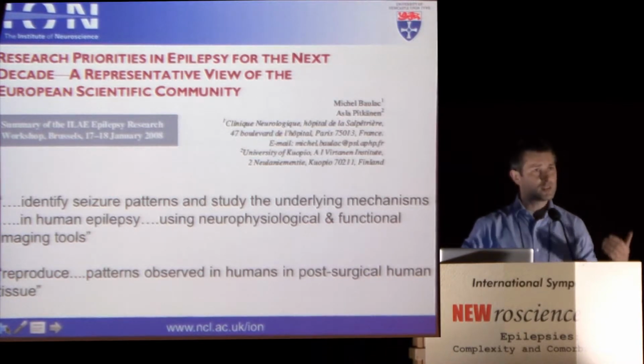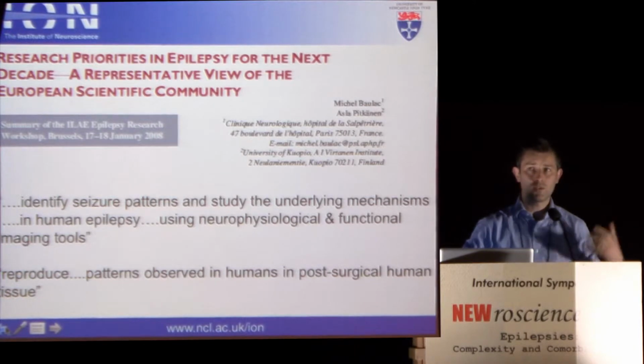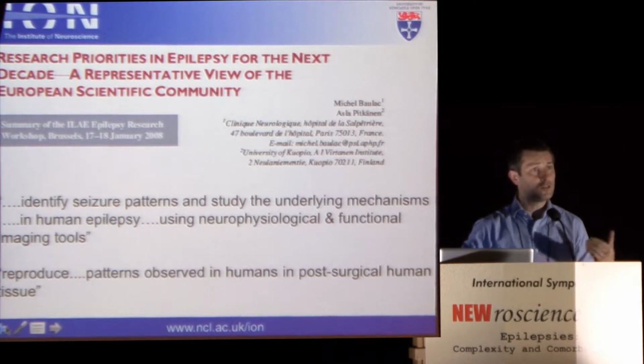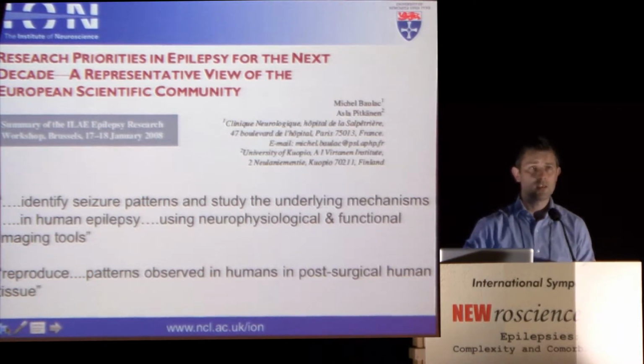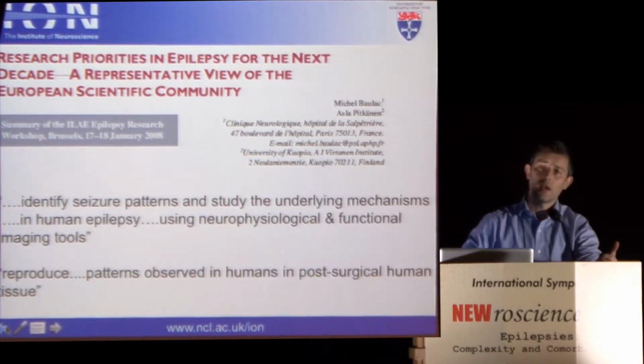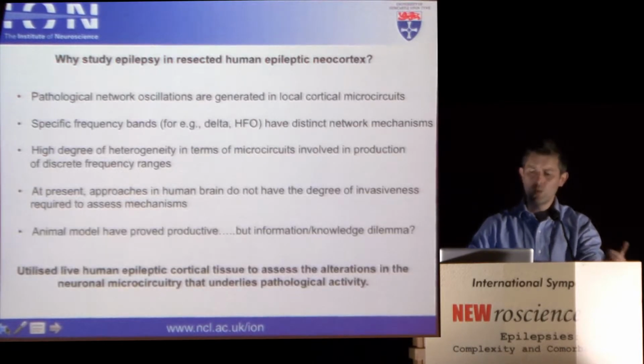So, armed with this sort of call to arms for what we as a community should be really trying to focus on, we decided to use resected human epileptic neocortex to try and understand something better about epileptogenesis in the human brain. So why study epilepsy in resected human epileptic neocortex?